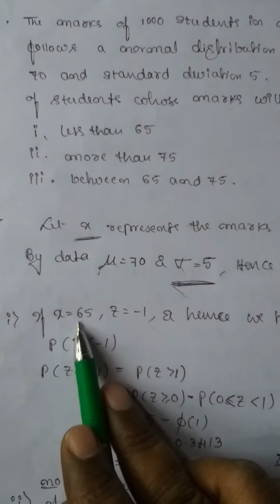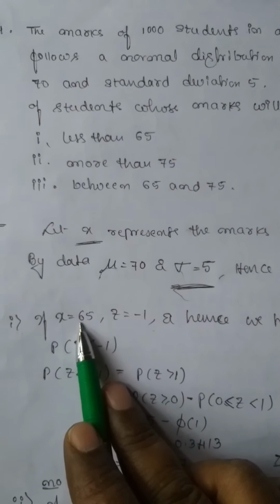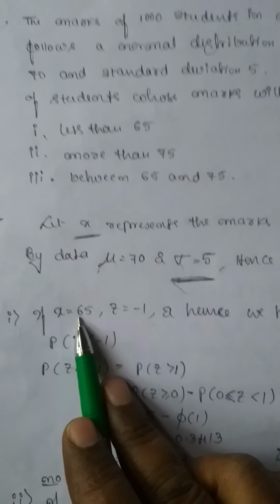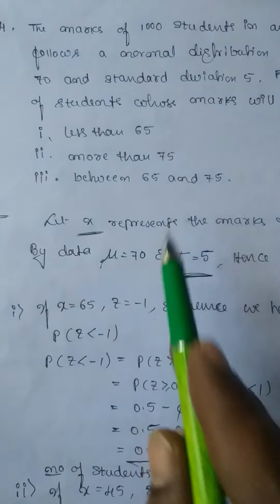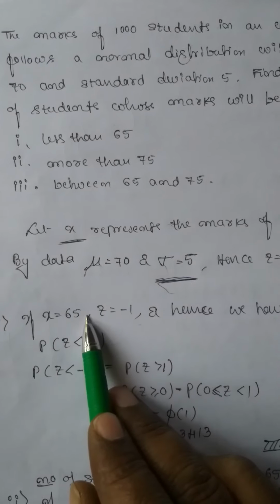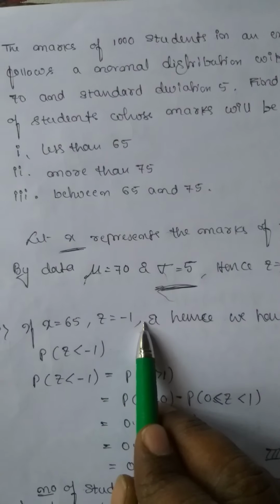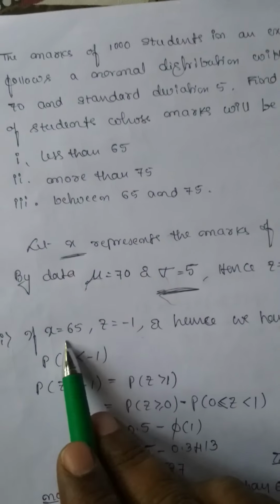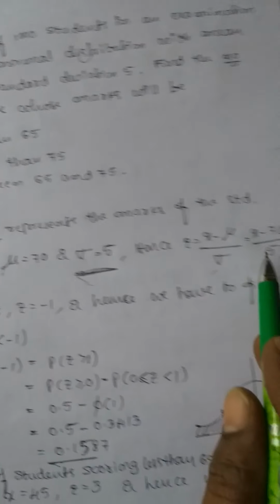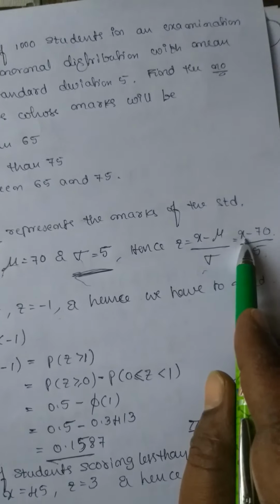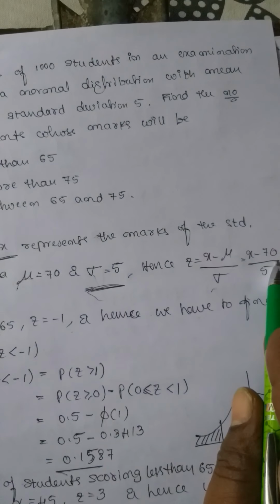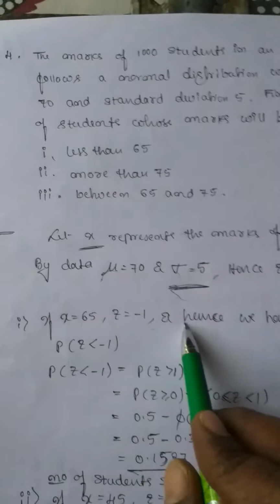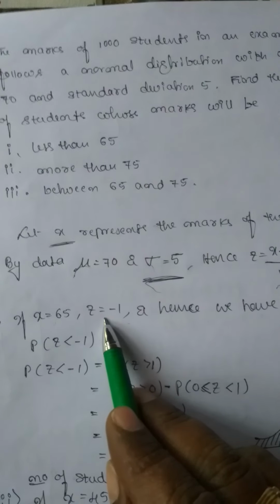So for the first sub question, when x is equal to 65, I'll get z is equal to minus 1. If you have any doubts, I substitute x equal to 65 here, so it is 65 minus 70 divided by 5, and you get z is equal to minus 1.